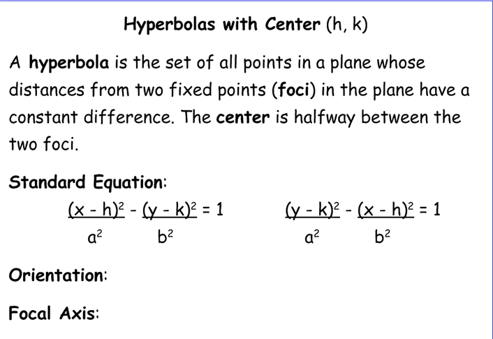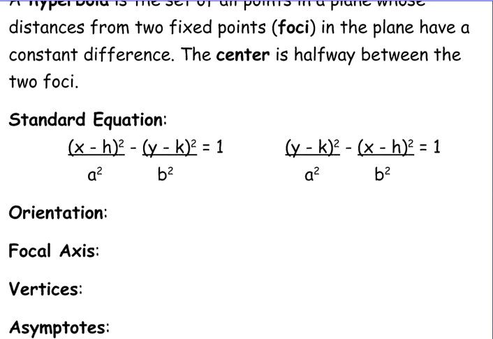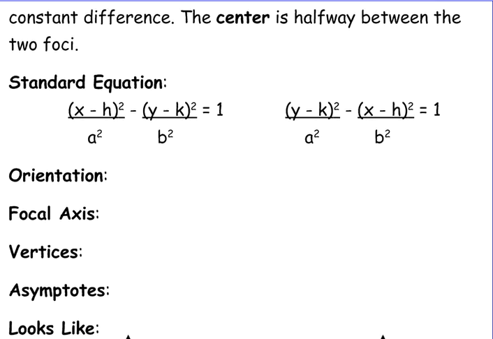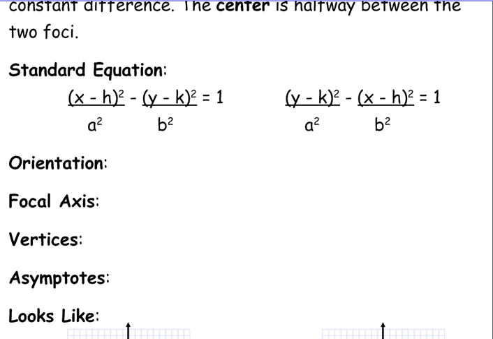And again, the center is halfway between your two foci. So the same rules still apply. In this case, the x comes first. Okay, your orientation is going to be that it crosses the x-axis. When the y comes first, it's going to cross the y-axis.